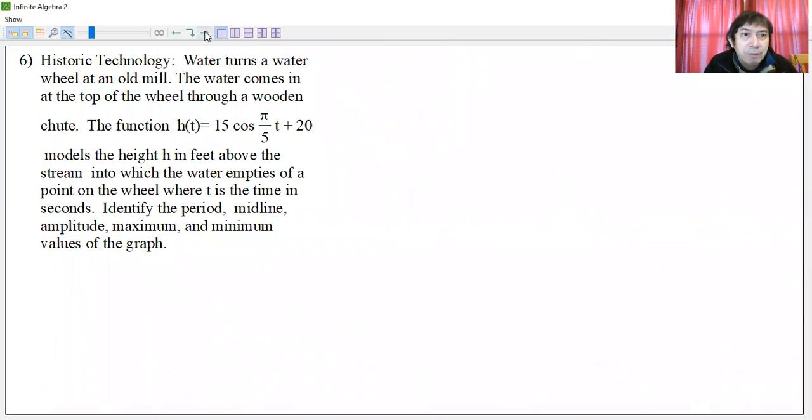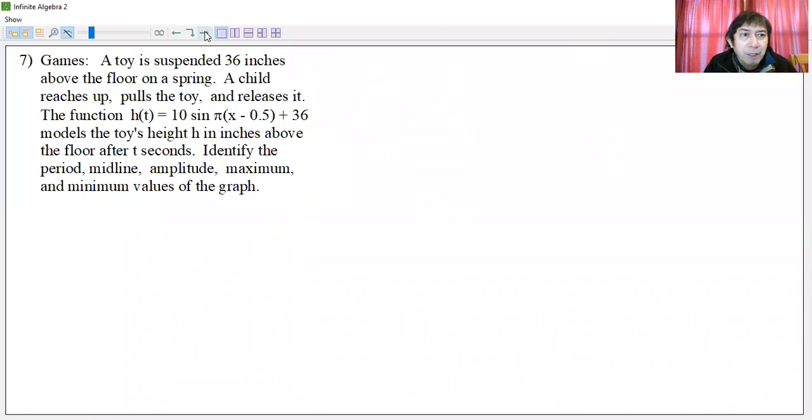Okay, here's number 7. A toy is suspended 36 inches above the floor on a spring. A child reaches up and pulls the toy and releases it. So when the child pulls it downward, it oscillates like that, forming a wave.